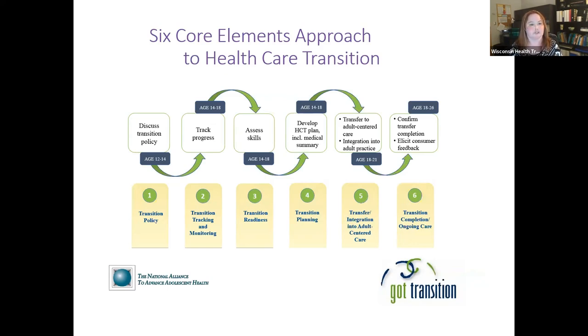So the introduction or discussion of a policy, tracking the progress of the individual, assessing skills, developing that plan prior to the transfer of care, then actually having the action of the transfer of care, and then the follow-up and continued maintenance.